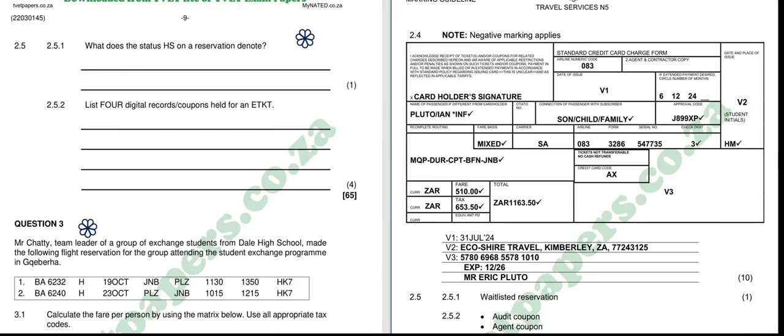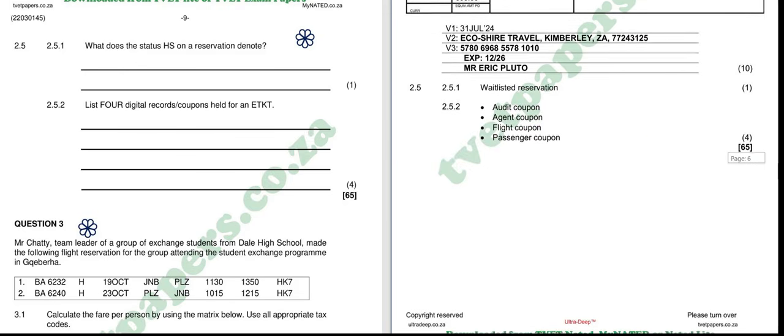In terms of 2.5.1, we have put our responses on the other side. For 2.5.1, we've got wait listed reservations, and 2.5.2 lists 4 digital records or coupons held for an ETKT, with audit coupon, agent coupon, flight coupon, and passenger coupon as our response.